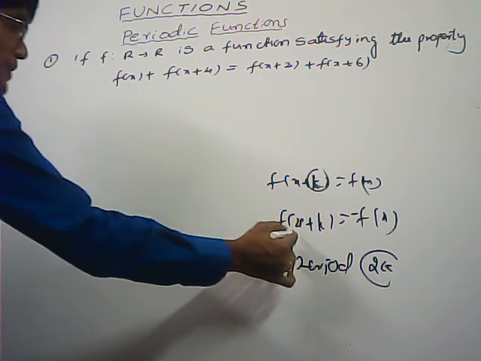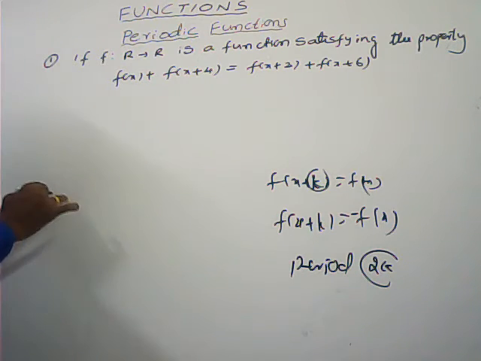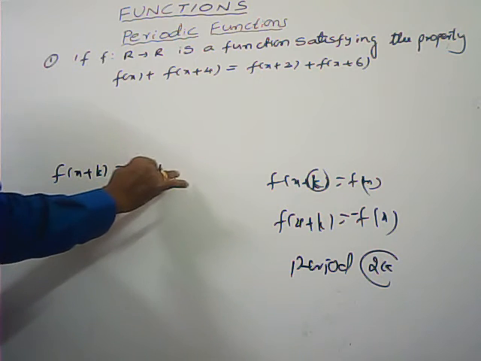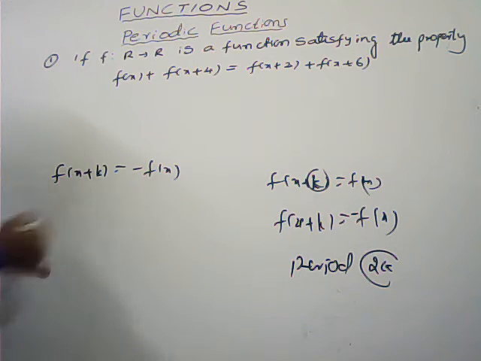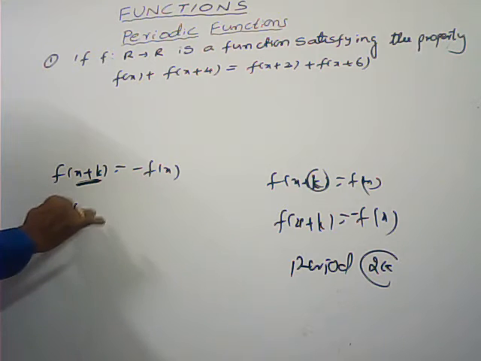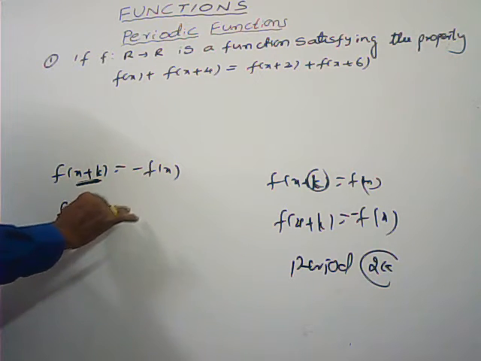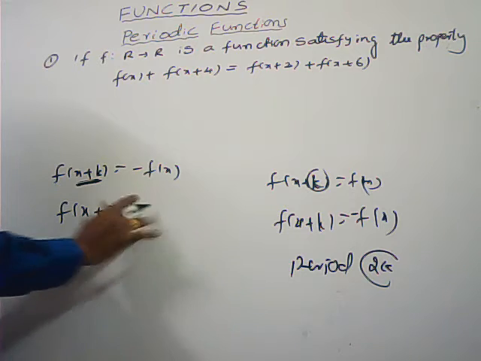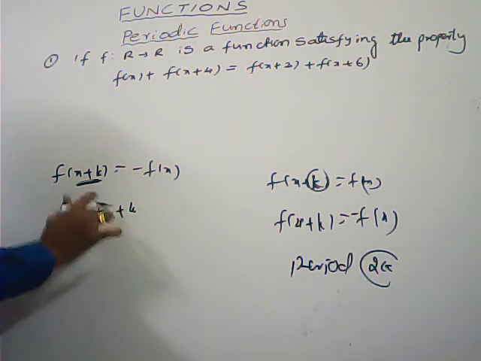See here, replacing x by x plus k. Here this is the equation: f of x plus k is equal to minus f of x. Whenever we get that, replace x by x plus k.